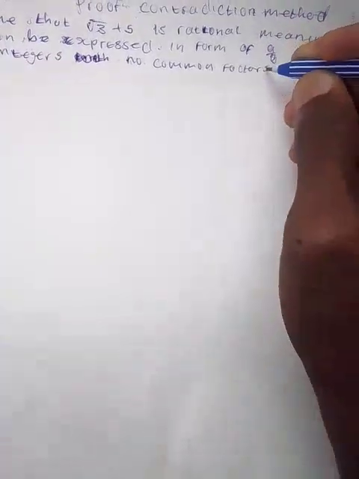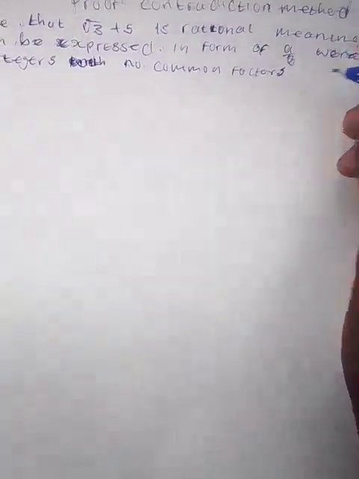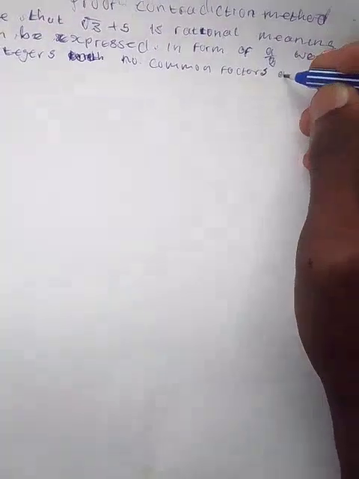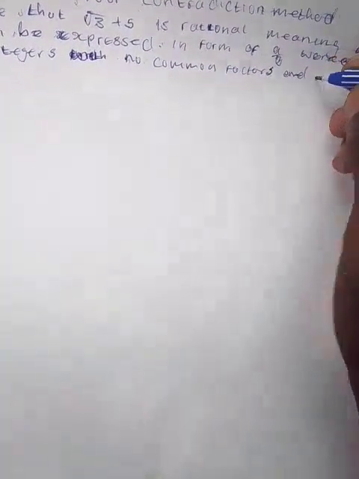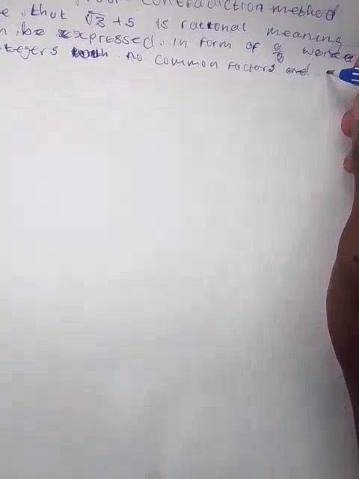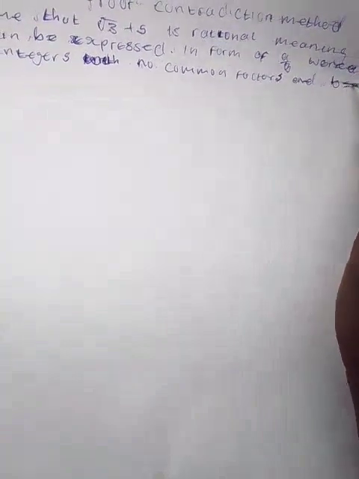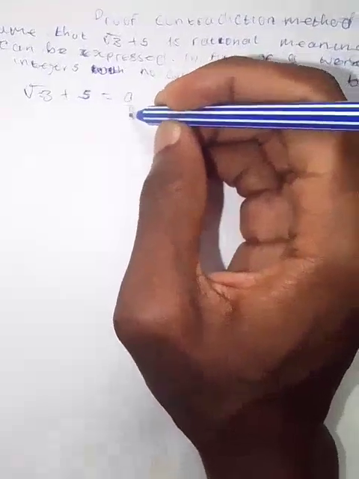Forgive the handwriting, I just want to write very quickly. And the denominator, which is b, is not equal to 0 because we would get undefined. So now let's equate to a over b. We are going to write the square root of 3 plus 5 is equal to a over b.